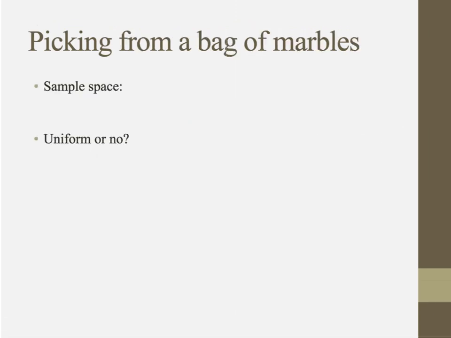All right, let's pick from a bag of marbles. Well, I guess this really depends on what kind of bag of marbles we have. Let's say I've got, in my bag of marbles, 3 blue, 4 red, 5 green, and 2 purple.